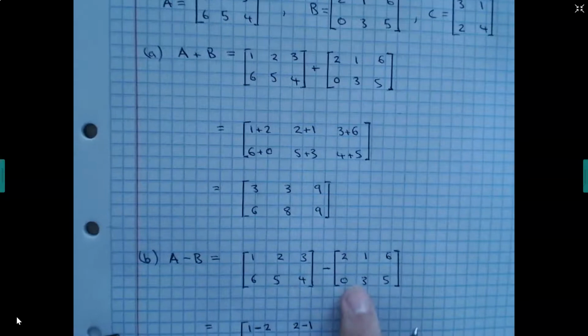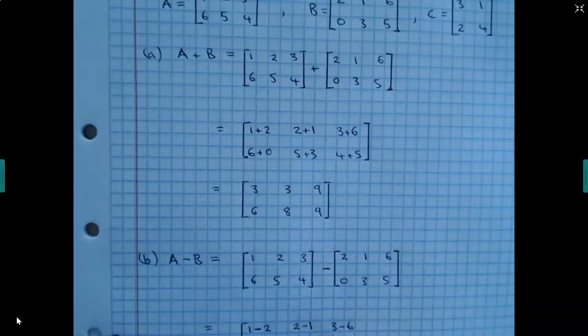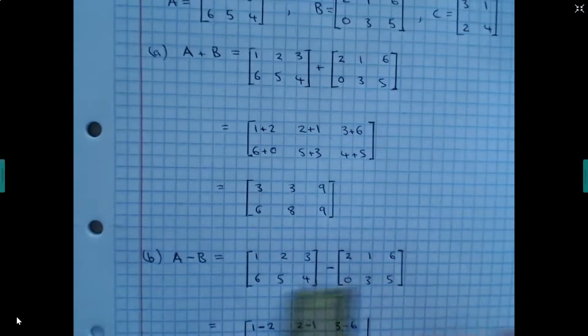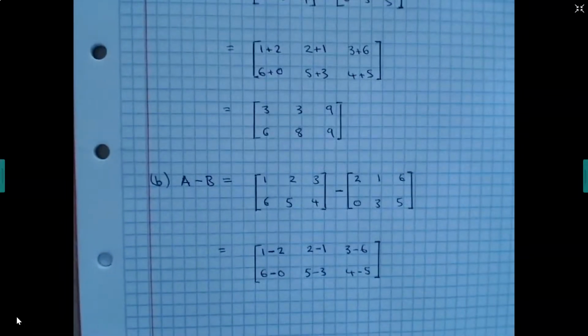So this will be equal to 1 minus 2, 6 minus 0, 2 minus 1, 5 minus 3, 3 minus 6, and 4 minus 5. So you're following along. Each of the elements which are in the same position are the ones that get subtracted.